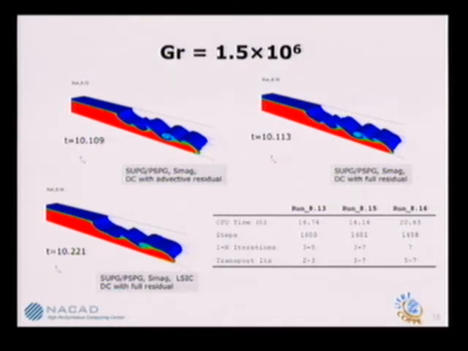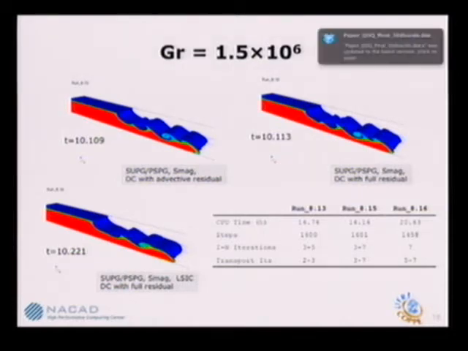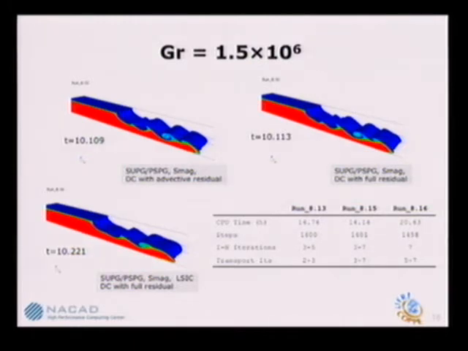We have a plug-in Smagorinsky or the least-squares constrained discontinuity capturing with full residual, only at the vector residual. What I'm saying here is some particularities from the stabilized finite element solution can change resolution. Particularly this is so dissipative that we are losing some characteristics of this dynamics.